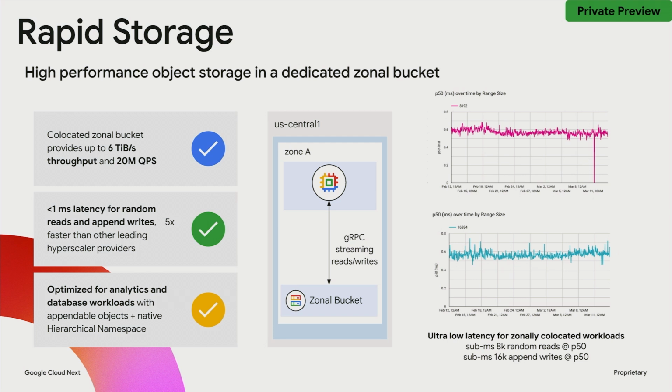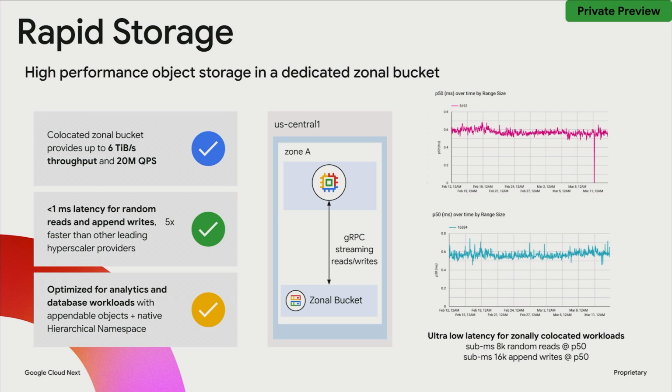It can support up to 20 million IOPS per second. So that's really comparable to some of the highest performance parallel file systems you can get out there. It can provide sub-millisecond latency for random read after the initial file open, and sub-millisecond for append write.